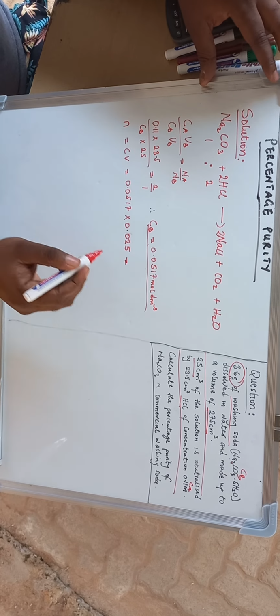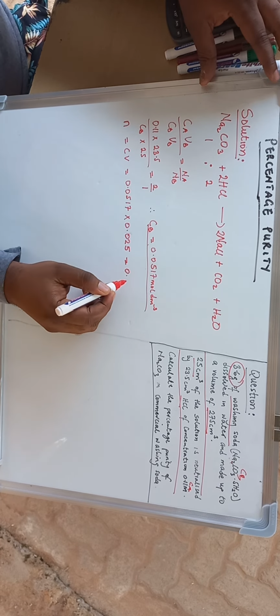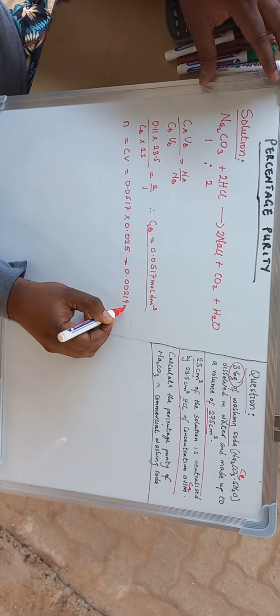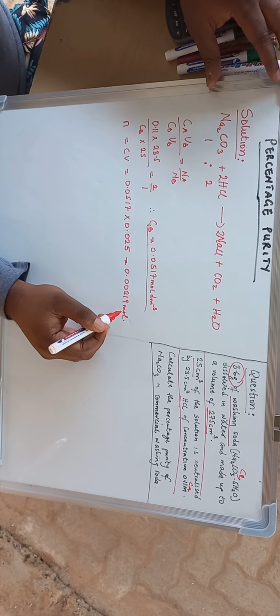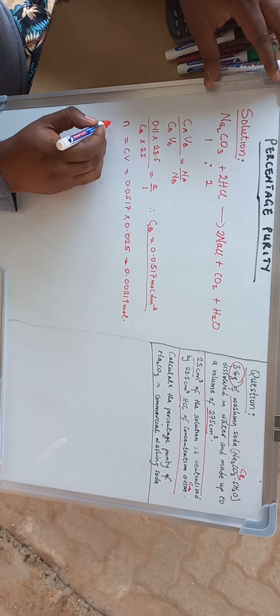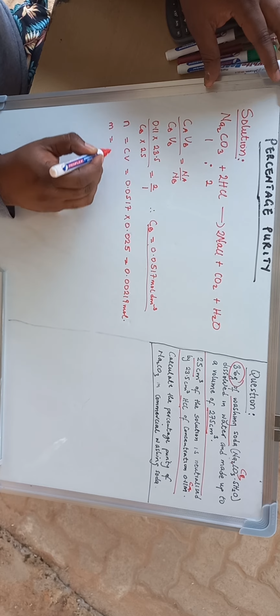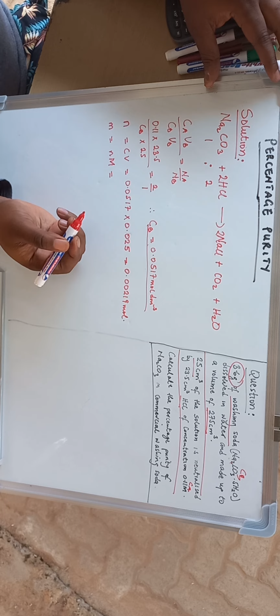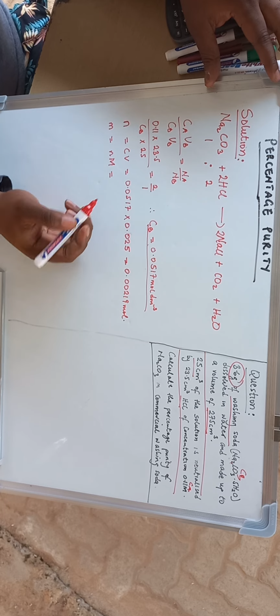So from here I will get 0.00219 moles. This is the number of moles that is present. Once I get the number of moles, I can easily calculate the mass: number of moles times the molar mass of sodium carbonate.